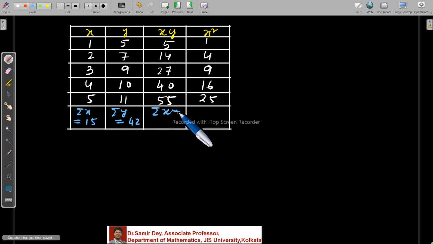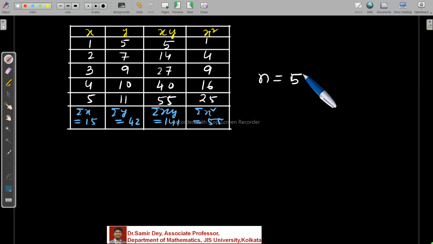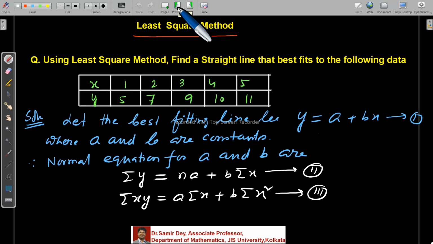Summation xy is 141 and summation x square is 55. What is n here? Here n equals 5. So these are the values.